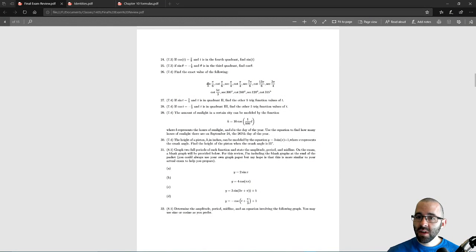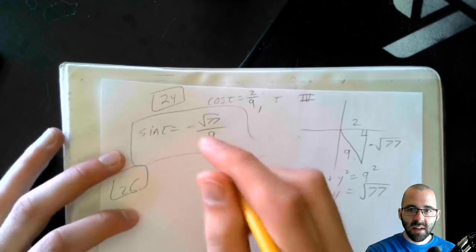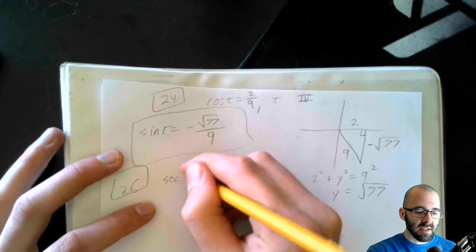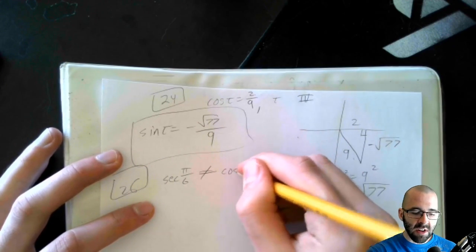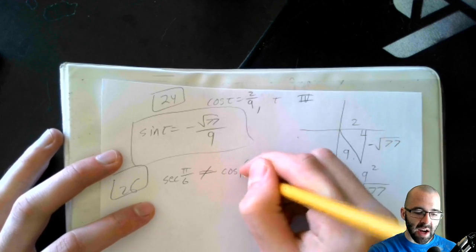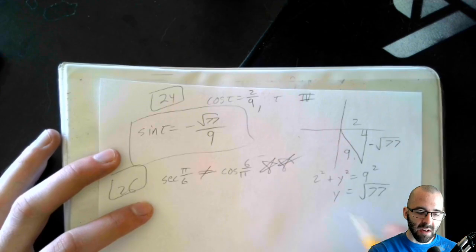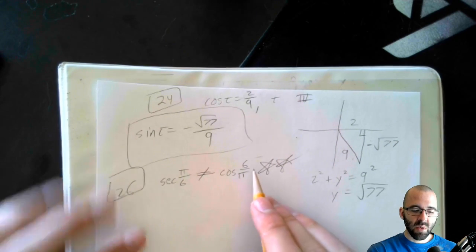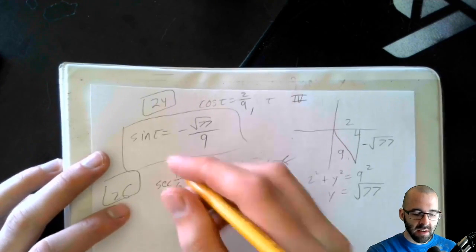Another thing to watch out for is with these reciprocal functions. If you're using a calculator for a reciprocal function, be very, very careful. This first one on 26, the secant of pi over 6, is definitely not the cosine of 6 over pi. This is important. This is a very common error. While 6 over pi is a reciprocal of the angle, that's not what reciprocal functions mean.